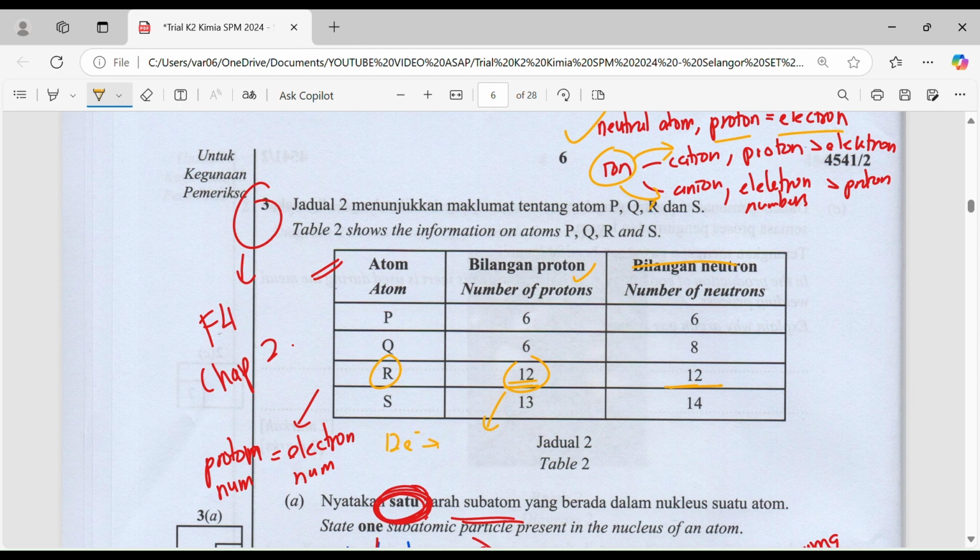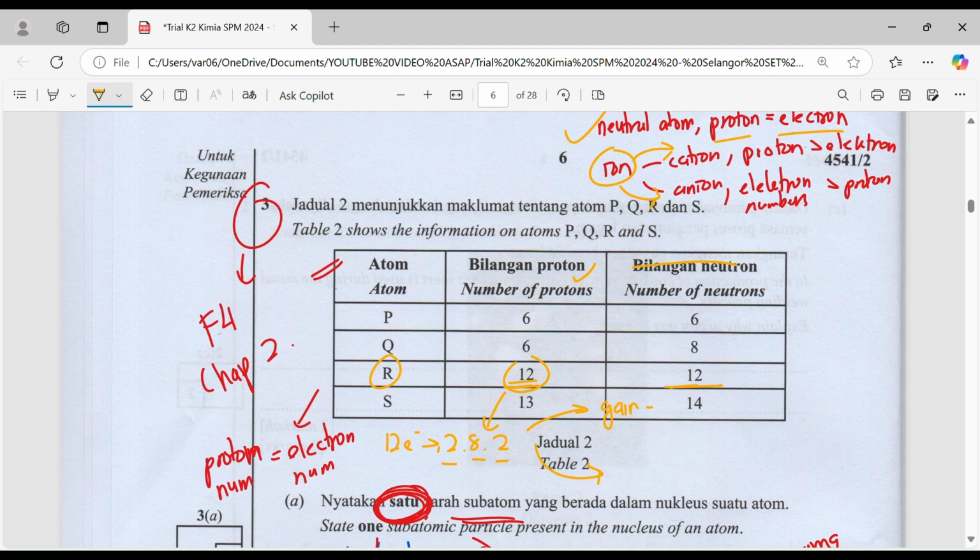Alright? So now, we have 12 electrons. Write it in the form of electron configuration: 2, 8, 2. So in atom R, the final shell has only 2 valence electrons. Now, there are two possibilities.